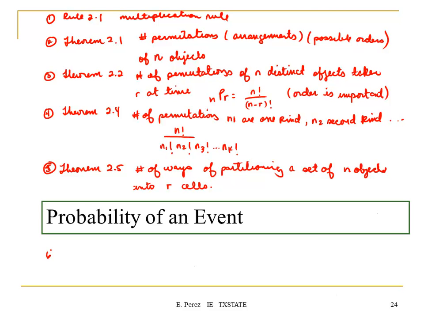And this one is the same: n factorial divided by n1 factorial, n2 factorial, n3, and so on up to nk.